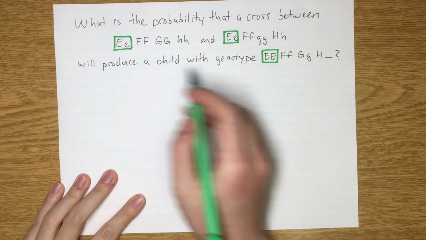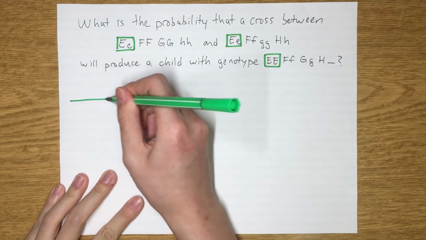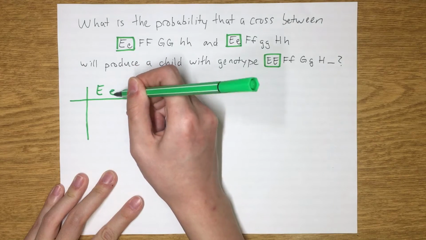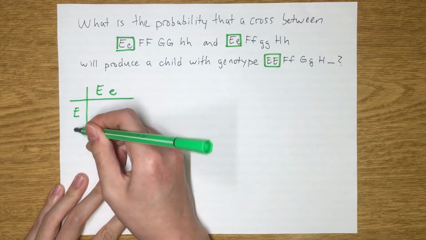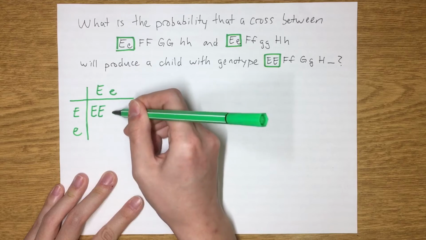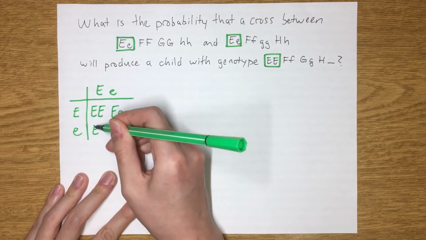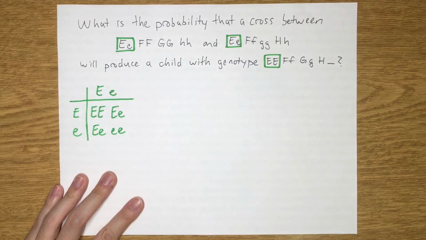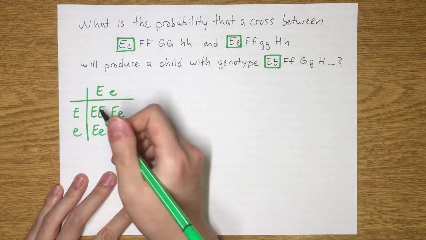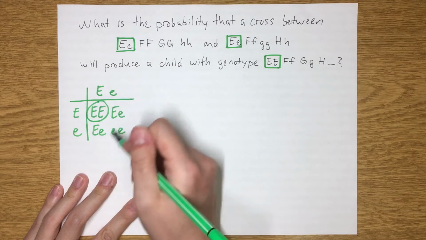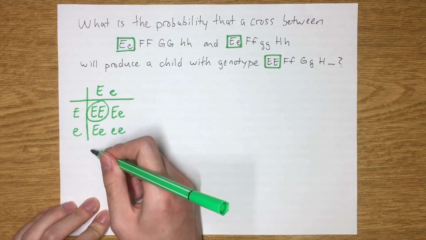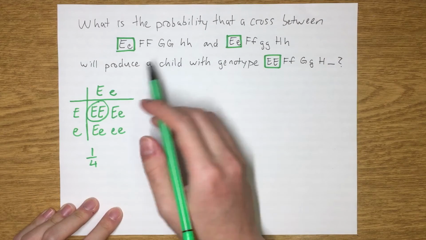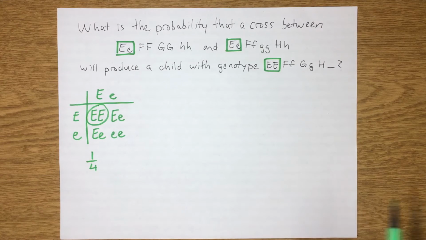So we would make a Punnett square for just these parents, a heterozygous parent and another heterozygous parent. And then we would look at the resulting genotypes, and we would see that for the genotype we're looking for, homozygous dominant, there is a 1 in 4 chance that we get this homozygous dominant genotype from these heterozygous parents.